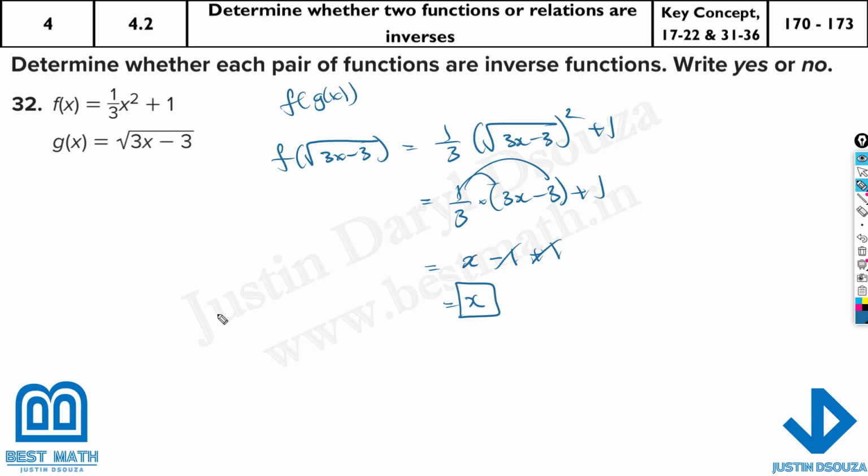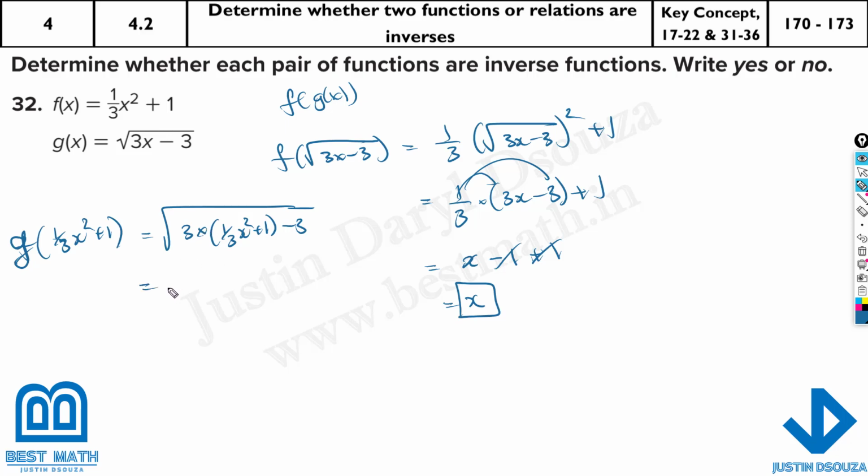It is inverse. You can stop it, but since the writing part, I'm just going to write it out over here. So it'll be g of 1/3 x squared plus 1. That's going to be square root 3 times 1/3 x squared plus 1 minus 3. That's inside the square root.